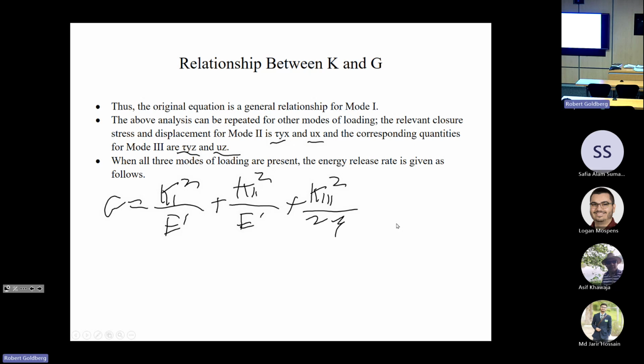Because energy release rate, like energy, is a scalar quantity and everything's linear here, that's what allows us to apply the principle of linear superposition.